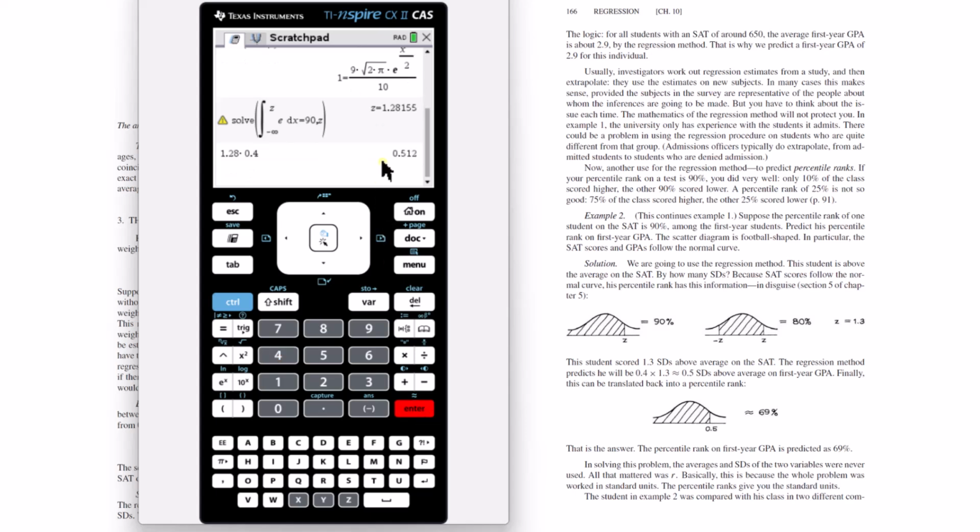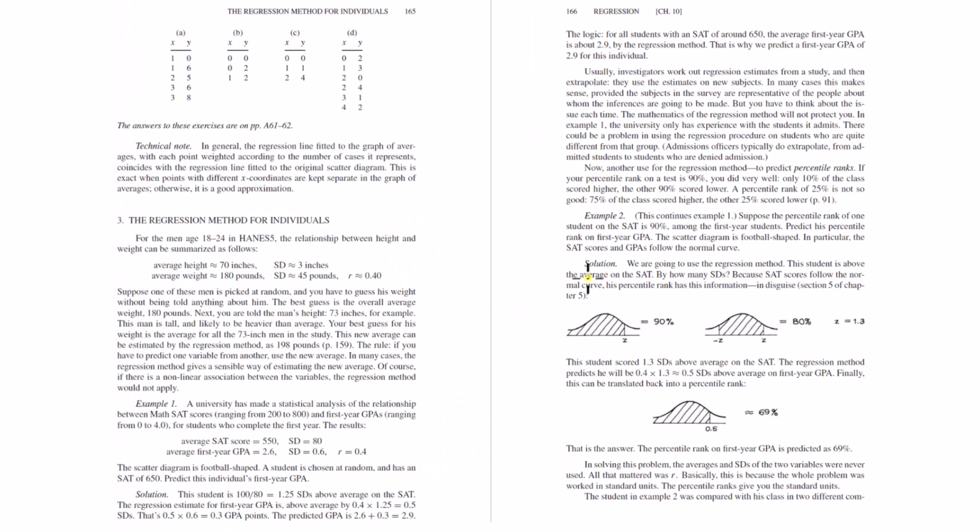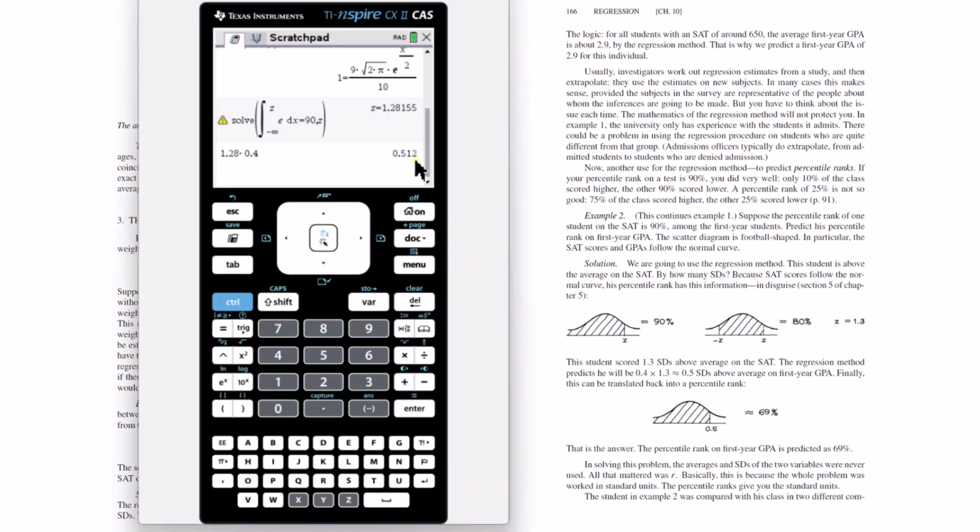So this many standard deviations above average. Okay, well, they're asking us what we would expect his percentile rank to be as far as the first year GPA. Okay, and so he's going to be about 0.5 standard deviations above average in terms of the first year GPA. 0.5 standard deviations. That's the z-score.